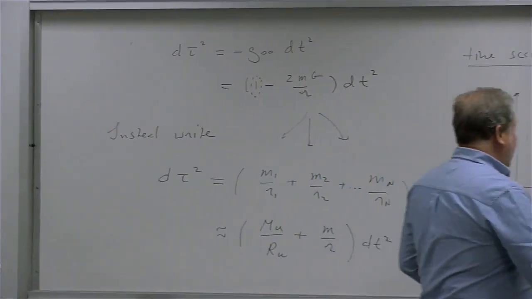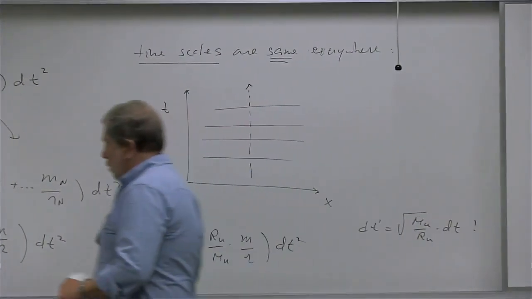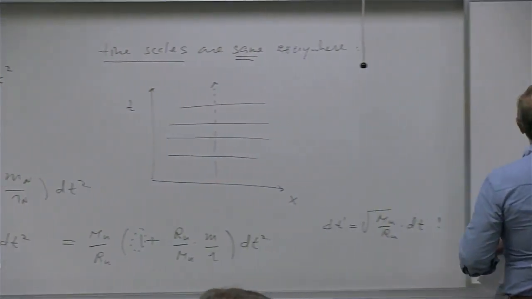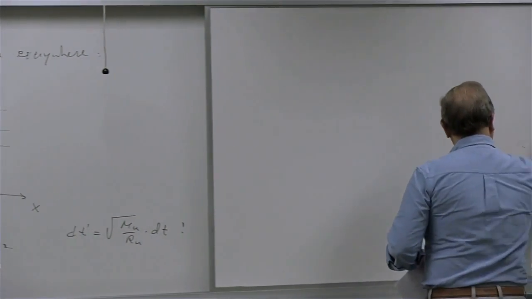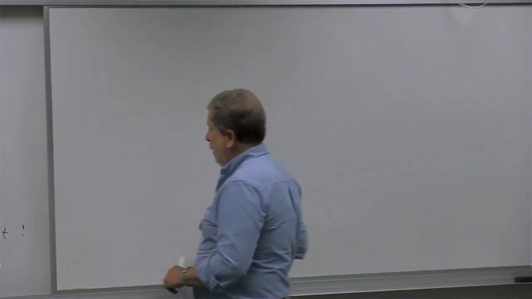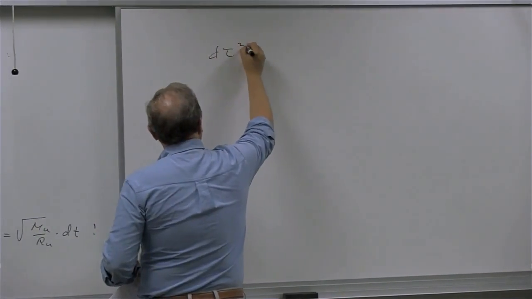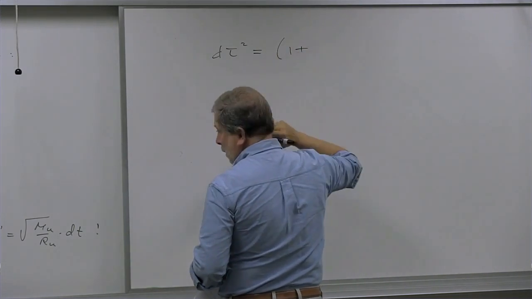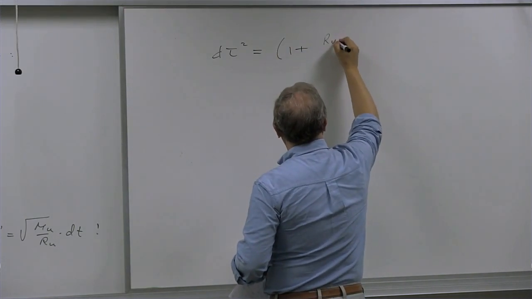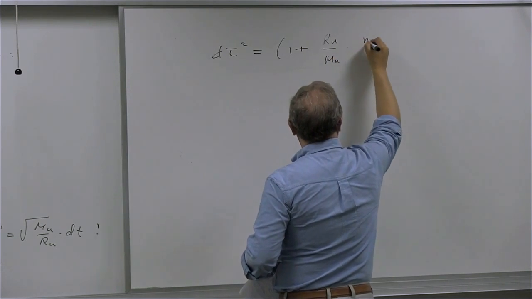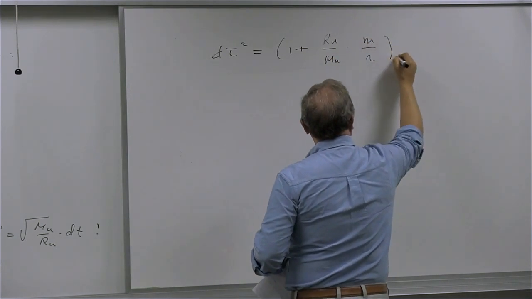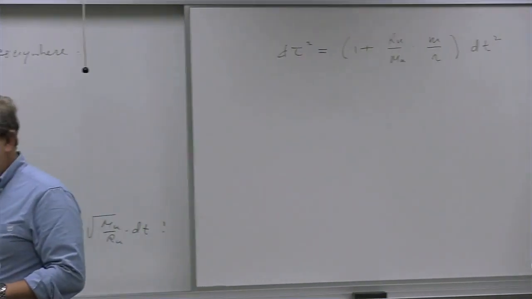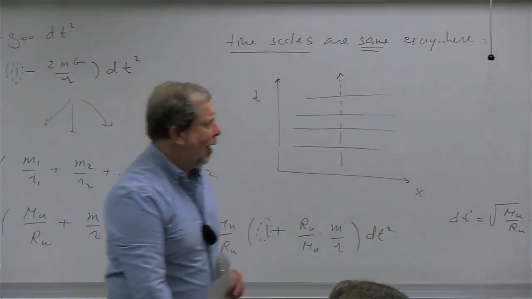And so we end up with d tau squared is equal to 1 plus, so let me write it as 1 plus ru over mu times m over r, right, times dt squared. So in other words, I've called dt prime, I called it back dt, and so I'll have that.